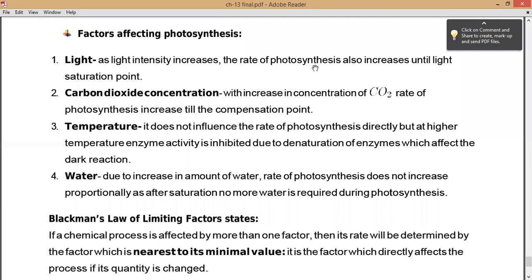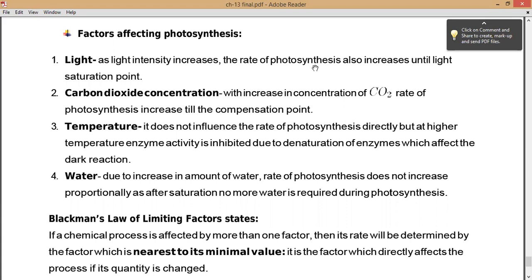See, when light increases, then photosynthesis increases; when carbon dioxide increases, then also photosynthesis increases. But due to an increase in the amount of water, the rate of photosynthesis does not increase, right? So it is quite different from light and carbon dioxide concentration, in that if the amount of water increases, it is not necessary that the rate of photosynthesis also increases, right?